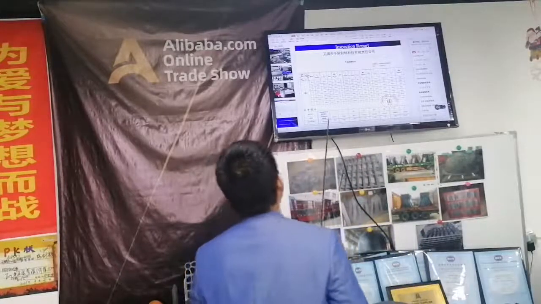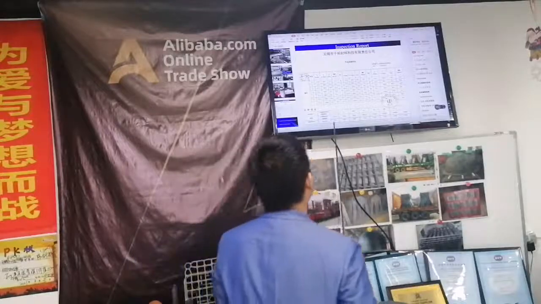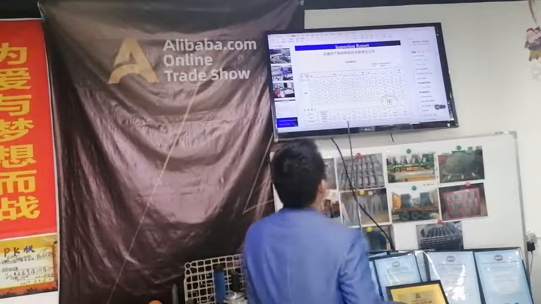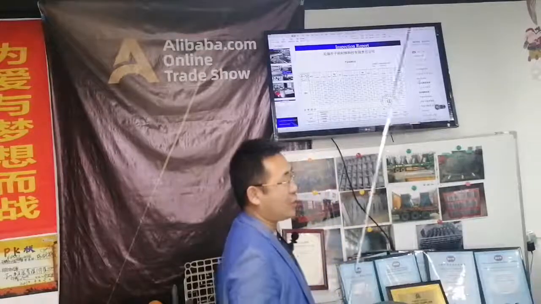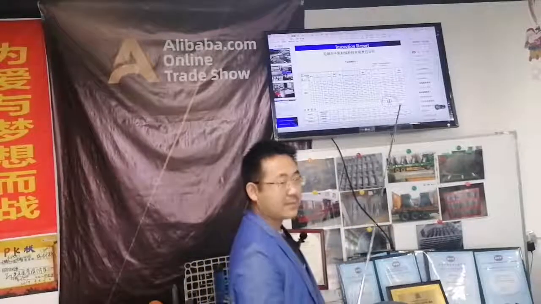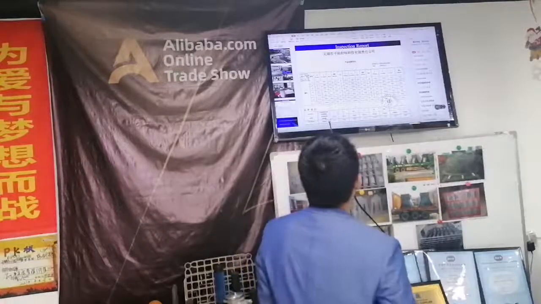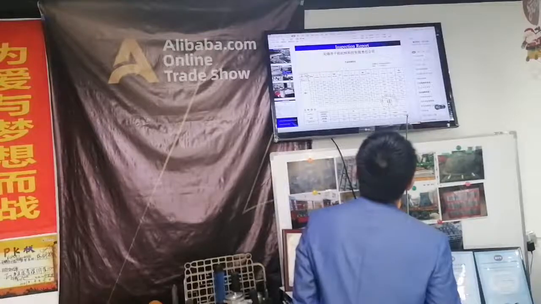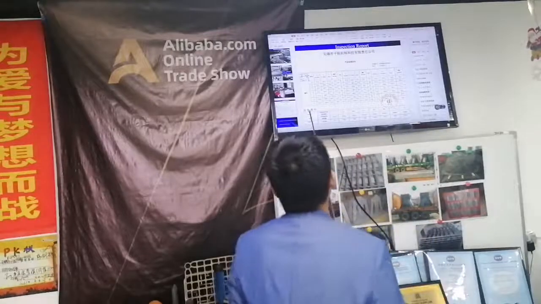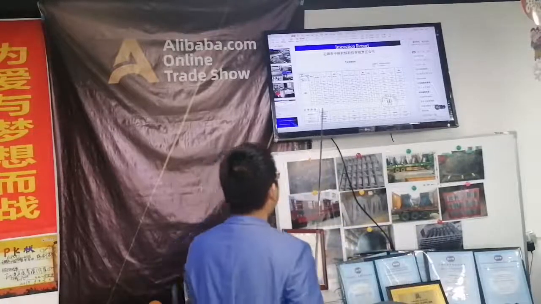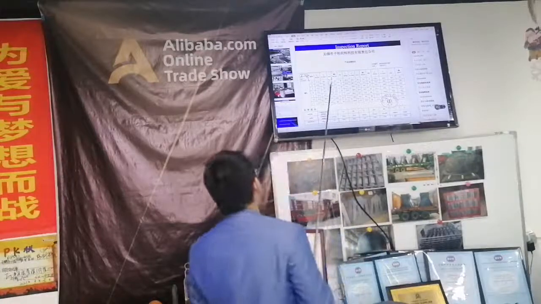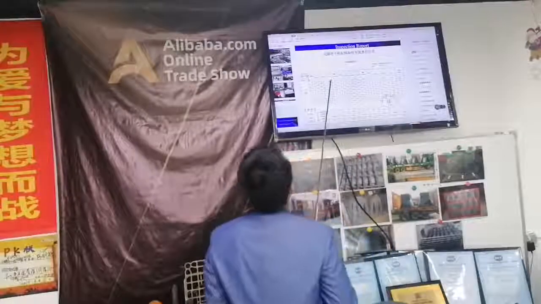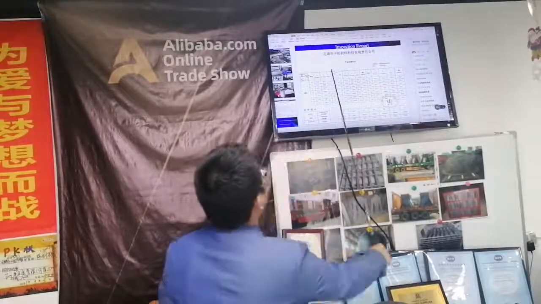And the carbon is about 3.2, and they also have some other material. And this material also is passed. And part 3 is our hardness check, like this photos.